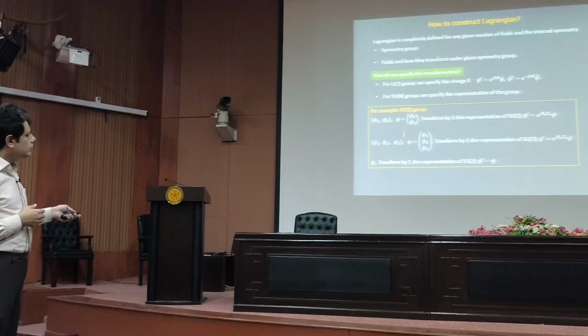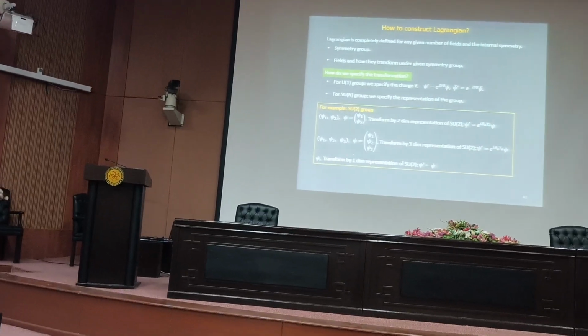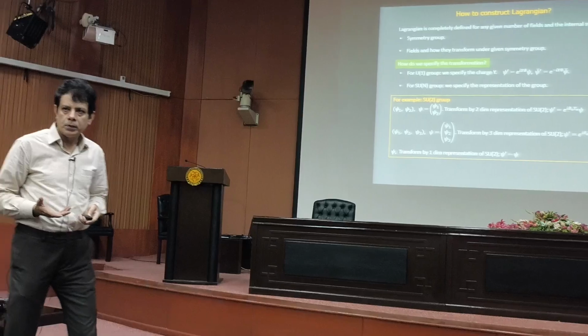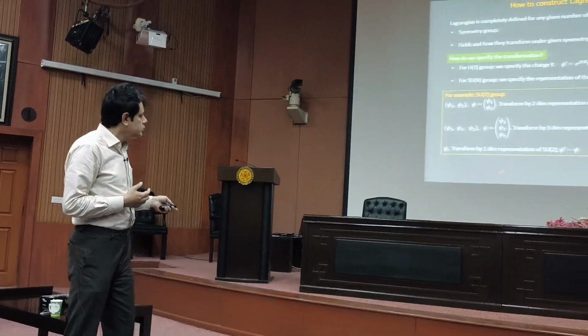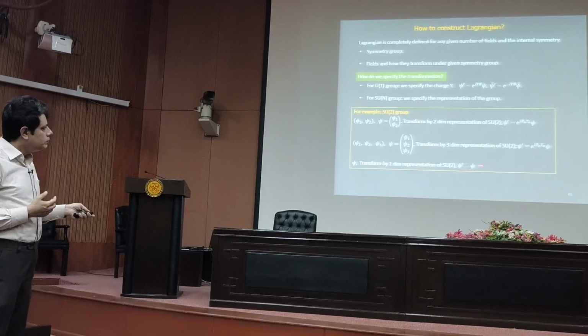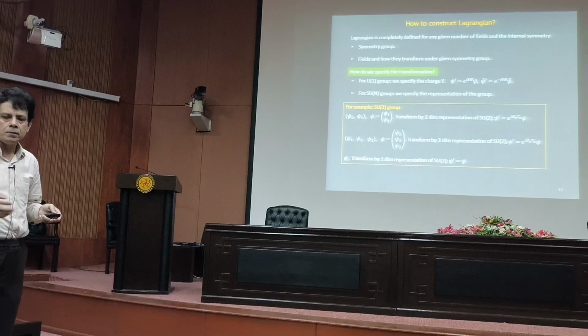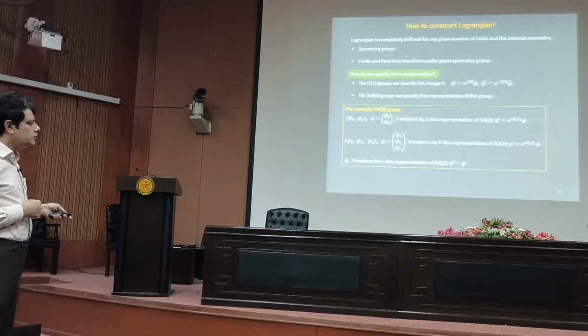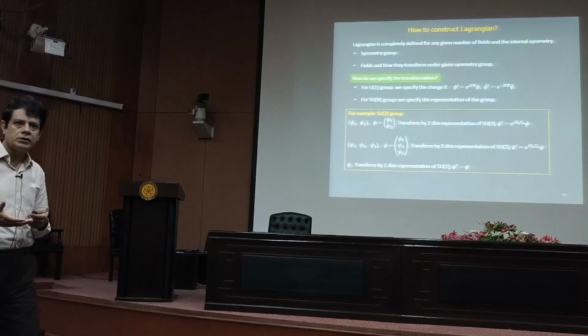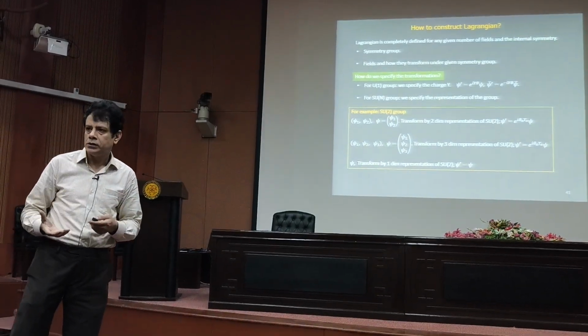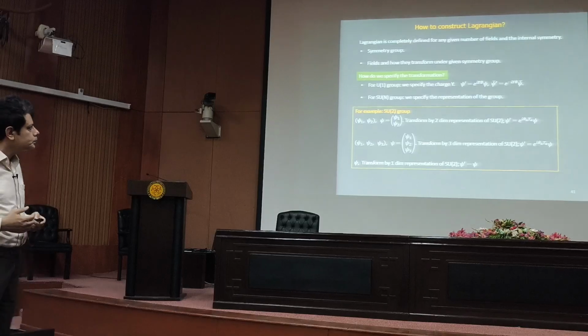And you can also have, by the way, the 1-dimensional representation of SU2. In the one-dimensional representation, you have a single field, and the generators are always zero. That means that the field remains invariant if it is transforming by the one-dimensional representation of SU2.